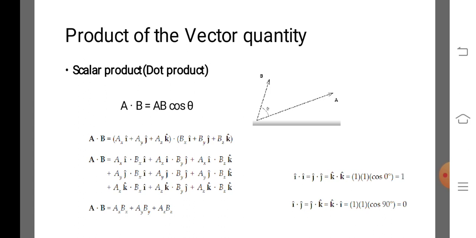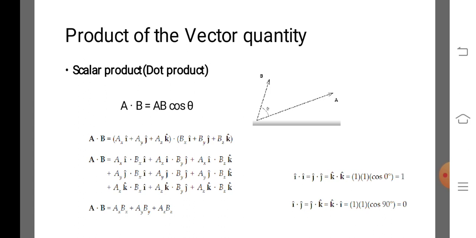Depending on those concepts of scalar and vector, we have to clearly explain the mathematical product of vector quantities. At the beginning of the product of vector quantities, we have to see the scalar product. Another name for scalar product is dot product.